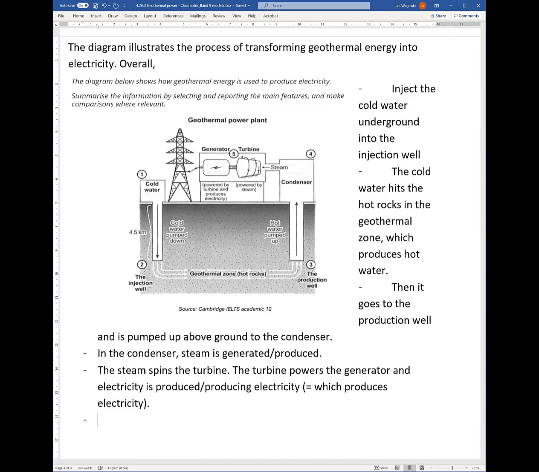Okay. Which passes to power grid, and then to the end user.